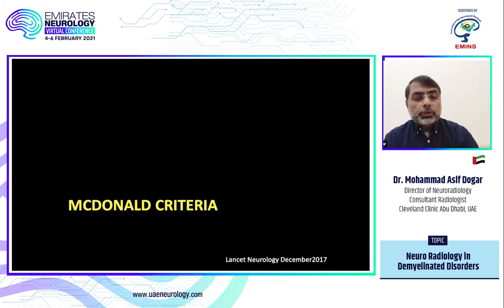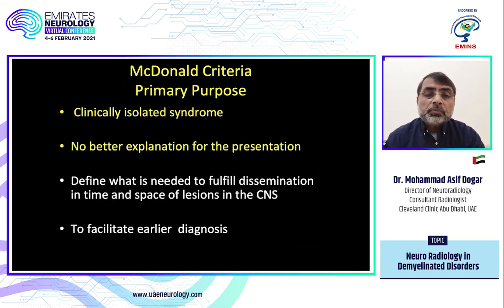Okay, so let's go through the McDonald criteria here. The basic purpose of the McDonald criteria is that we apply it only when we are suspecting a clinically isolated syndrome. If we apply it without this picture, then the findings cannot be that specific. And according to the McDonald criteria, there should not be any other explanation for the patient presentation.